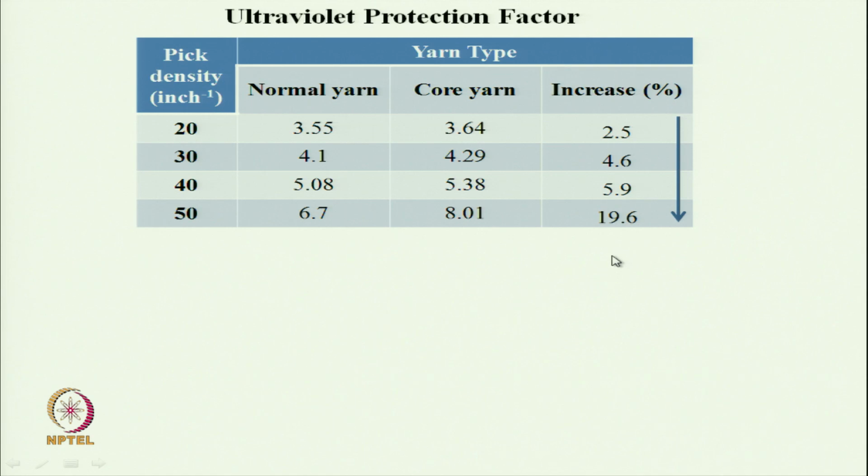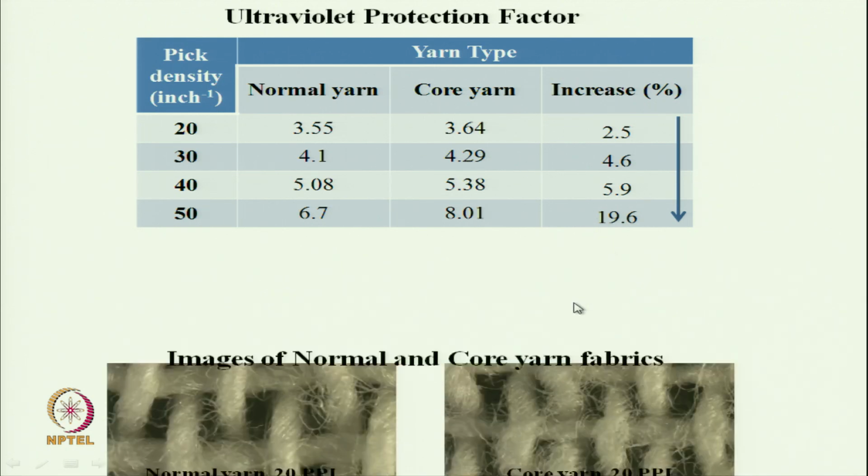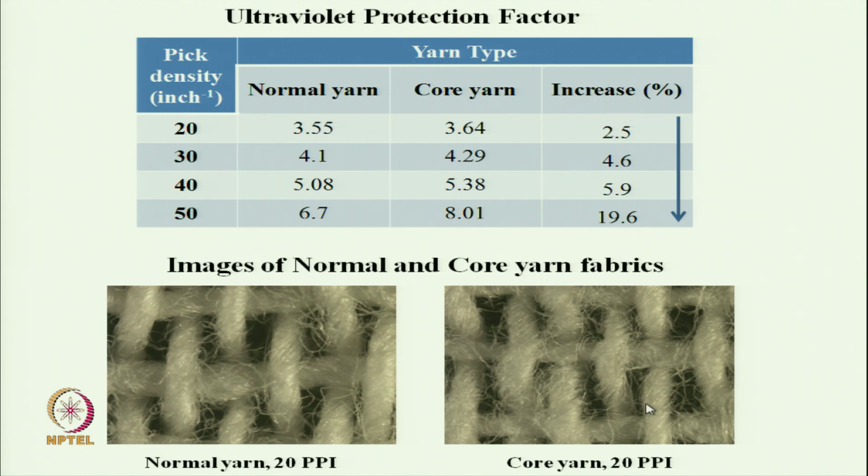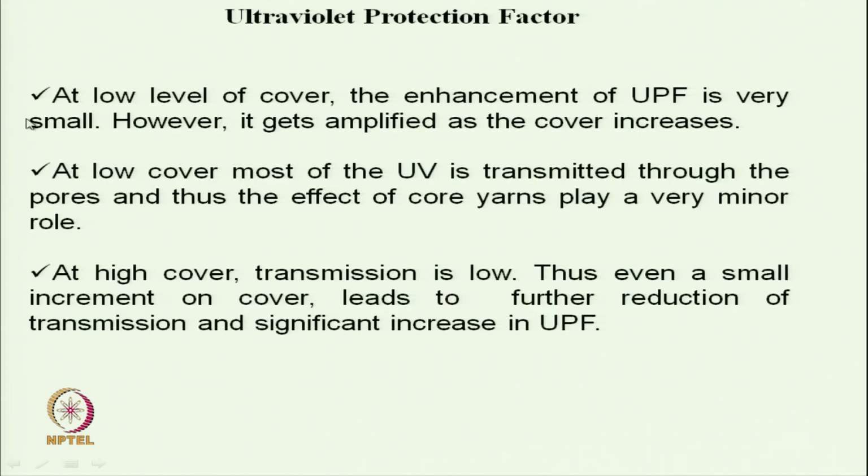That means, as we go on increasing the pick density, the proportional increase in cover percent increases. Here is the image of normal yarn with higher openings, and these are the core yarns, before flattening. So, at low level of cover, the enhancement of UPF is very small, however, it gets amplified with the increase in cover percent.